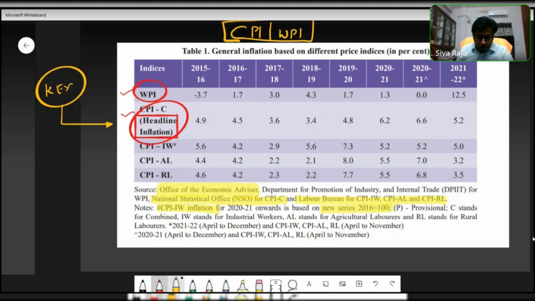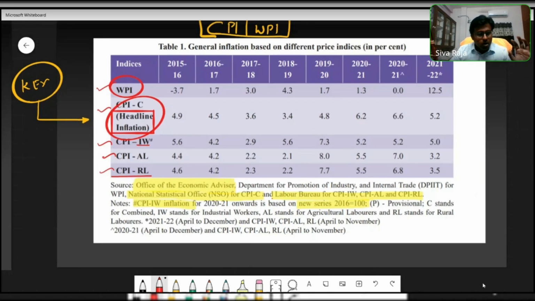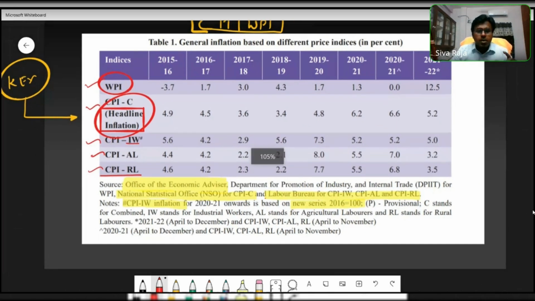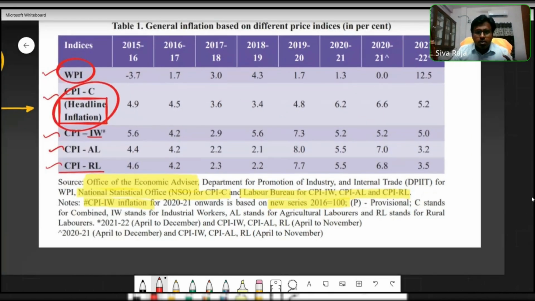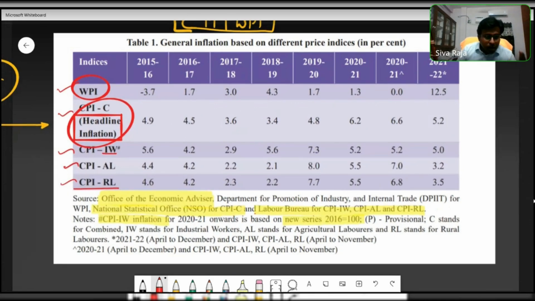Then there are the industrial worker, agricultural laborer and rural laborer indices. So all these definitions, look at this point. It is defined here. If you are able to see this, it is in the book also, do not worry. But from the Economic Survey, what is important is that you know each thing and which office releases it.